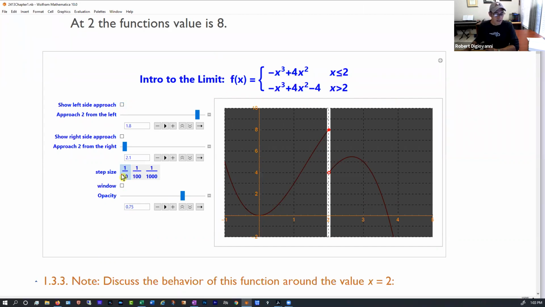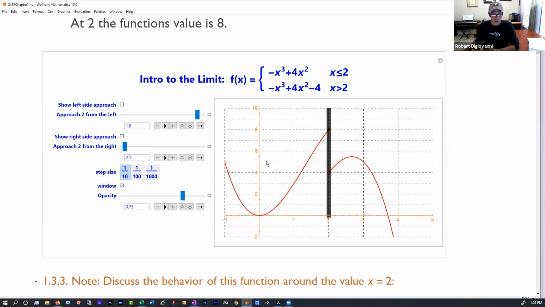However, if we hide that point and we look at the graph to the left and to the right, we noticed last class that as we approach 2 from the left, our y values are approaching 8. But if we come in from the right-hand side, our y values do not approach 8.